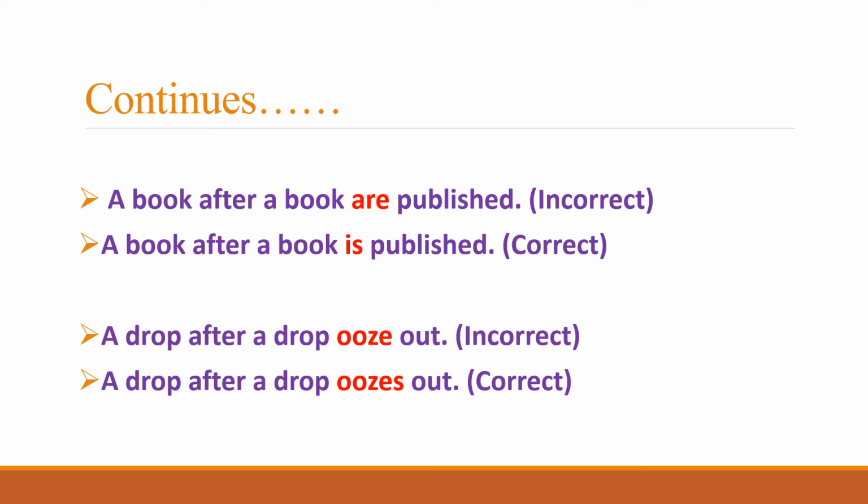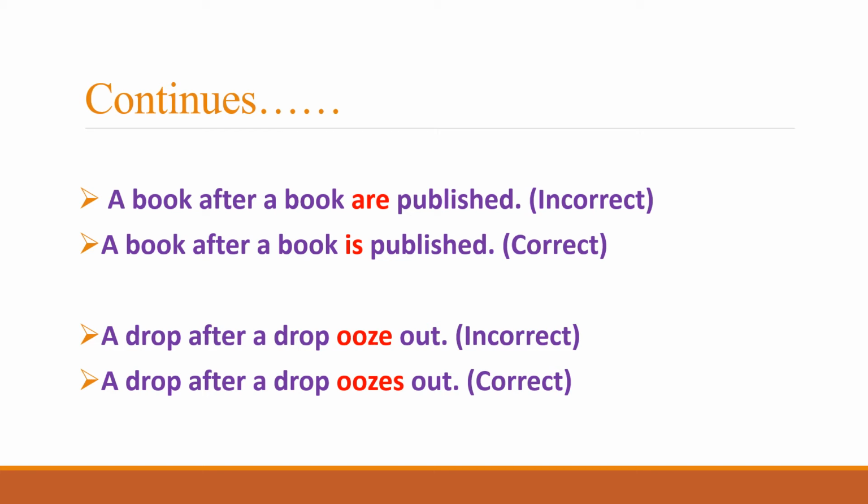So a book after a book are published is the incorrect sentence. A book after a book is published is the correct sentence. So this is what we need to understand by using these rules. A similar example: a drop after a drop ooze out.